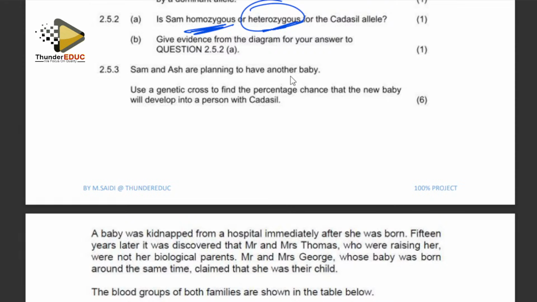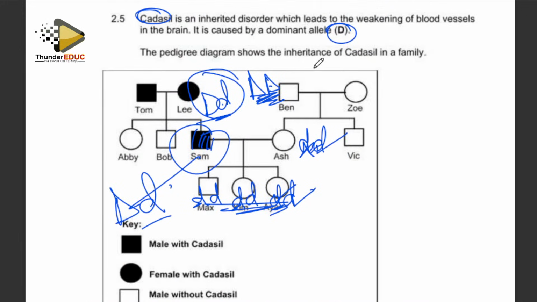Alright, use the genetic cross to show the percentage chance that newborn babies will develop into a person with the disorder. Where is Sam? Sam is in the second generation.